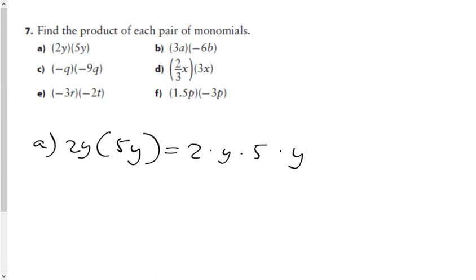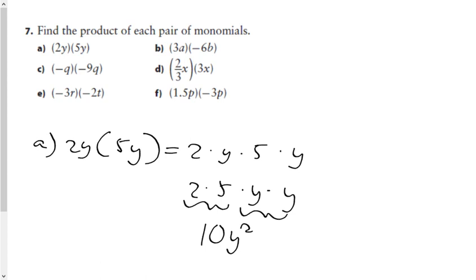So I could reverse this in any way I want, and it should still be the same product. And in doing so, I could say, well, hold on, 2 times 5, that's 10, and y times y is y squared, because I learned that during my exponent chapter. So therefore, I know the solution to this is going to be 10y squared.